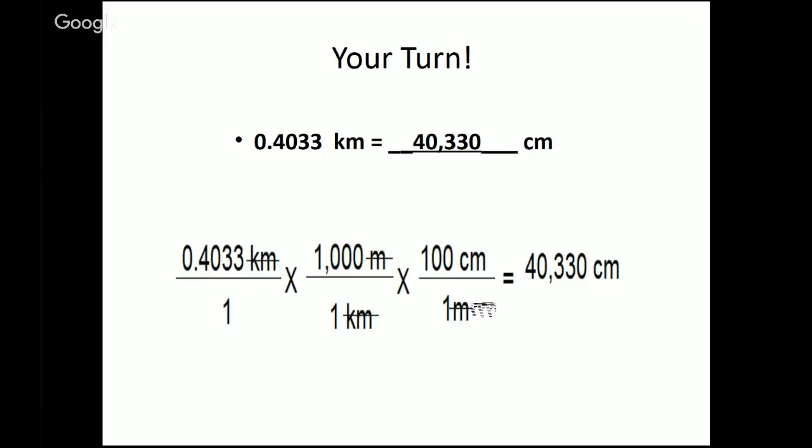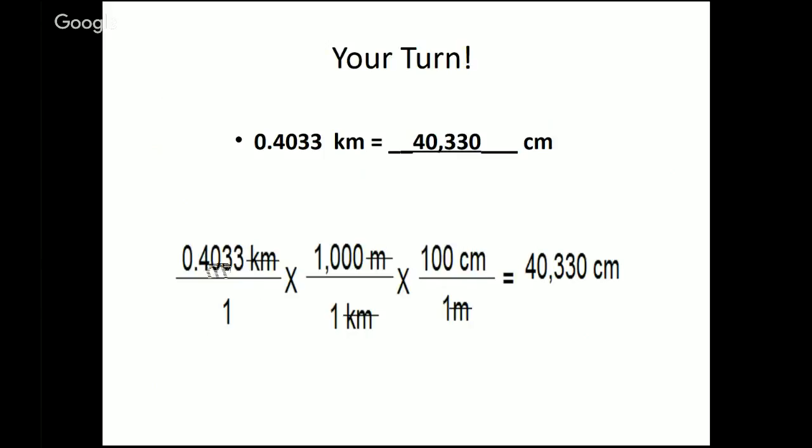And now I can think about the relationship between meters and centimeters. And I do know something about that. I know that there are 100 centimeters in 1 meter. So I can put 100 centimeters over a meter. At this point, I'm going to go back and make sure that my units are going to cancel out, and they do, so that I am left with centimeters. And that should get me the number that I want.